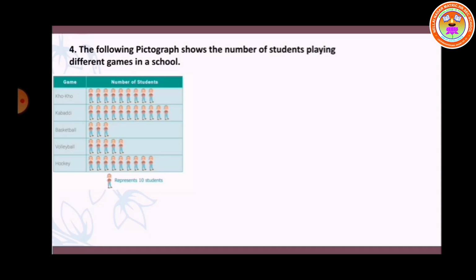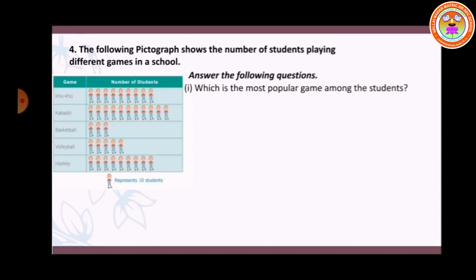Number of students. Kho-kho, 9 dolls. Kabaddi, 11 dolls. Basketball, 3 dolls. Volleyball, 5 dolls. And hockey, 9 dolls. Here, 1 doll represents 10 students. Okay, children? Answer the following questions.